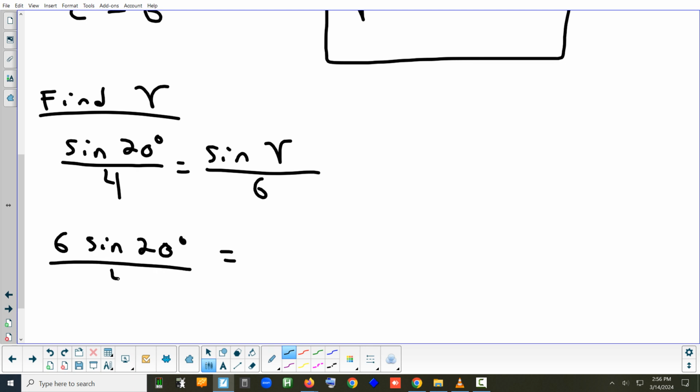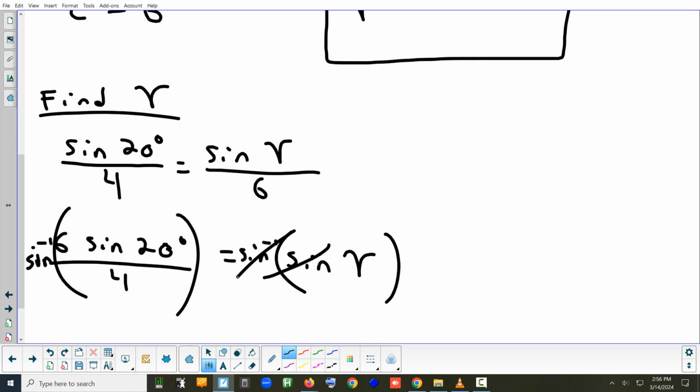6 times sine 20 over 4 equals sine gamma. And what's our last step to get gamma? Take the inverse sine of each side. Yep. Take the inverse sine. Do that on the left. Do it on the right.